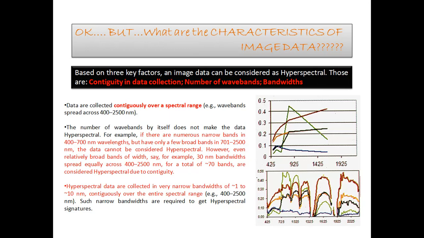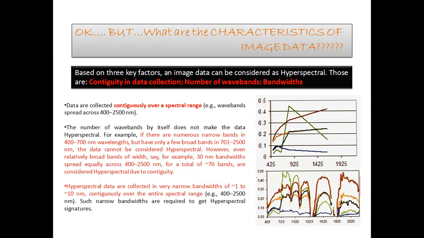So what should be there within this range, 400 to 2500 nanometer, is that each and every bandwidth should be equally spread. Either it can be broadbands equally spread, or the narrower bands should equally be spread out. So that is the basic nature of this hyperspectral image database.